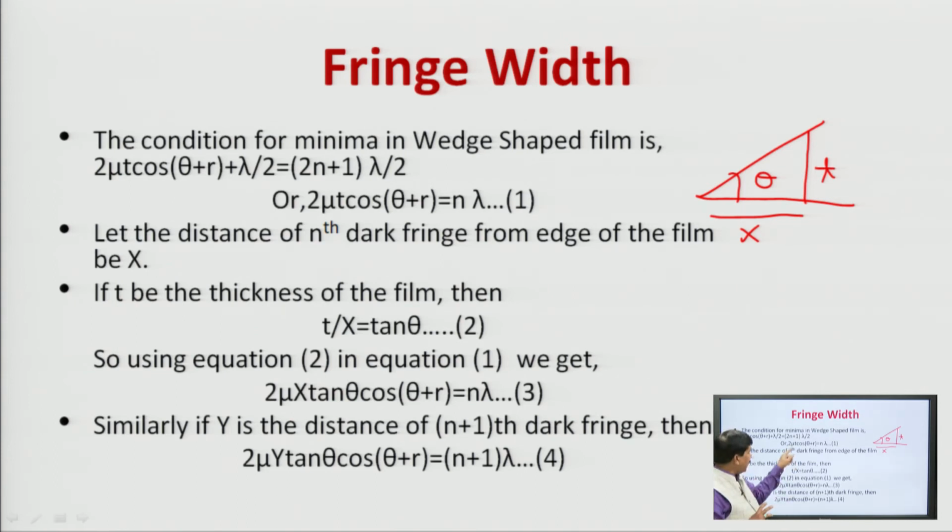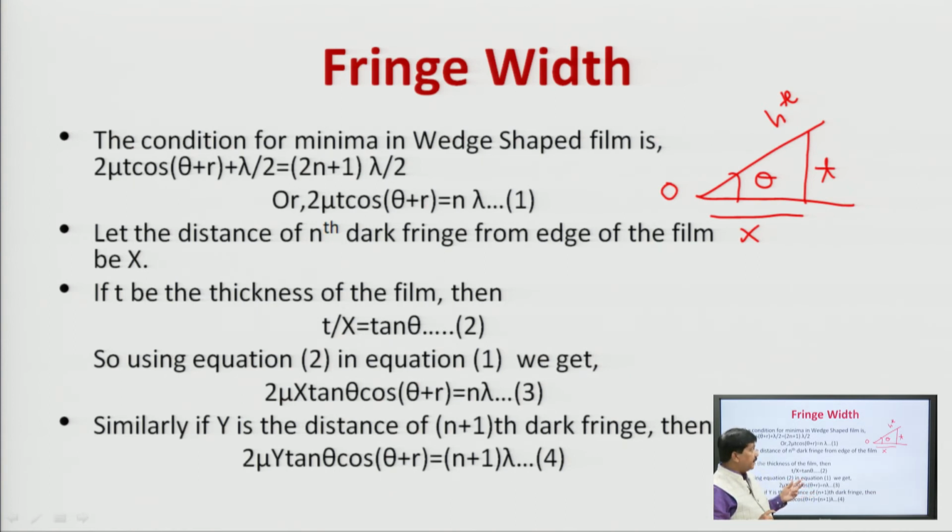Here we have to write this thickness t in terms of the distance x. Distance x means the distance of the nth dark fringe from the point O. If we go through the figure, tan theta means t upon x.